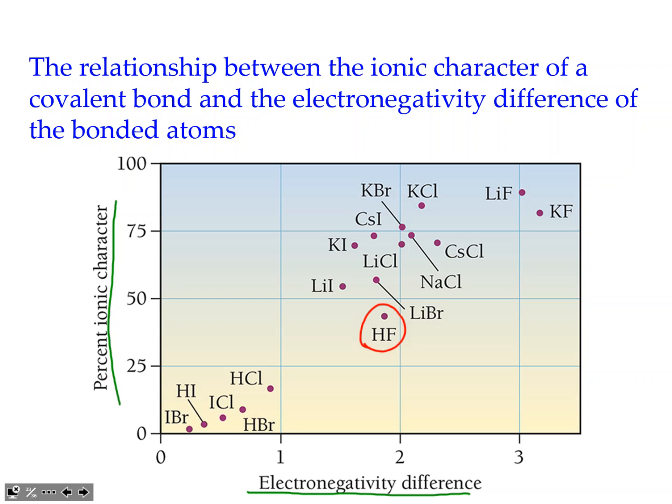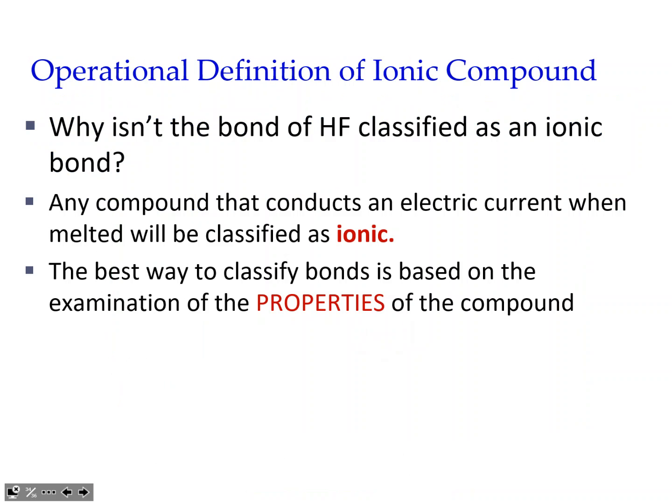So in order to put it in its correct group, we must also take a look at the physical properties. So why isn't it classified as ionic? A compound that conducts an electric current when melted is classified as ionic. That is one of the main distinguishing properties of an ionic compound. Since it doesn't fit that definition, we still put it in the covalent category.